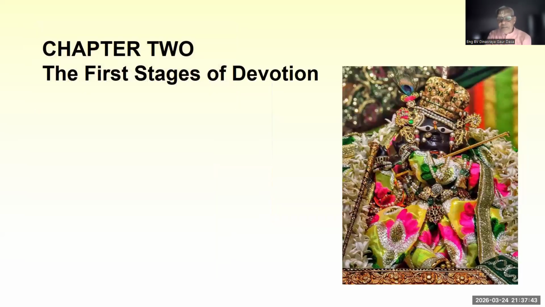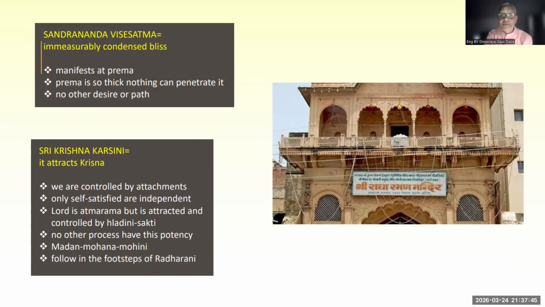We are attached by different kinds of material attraction or material objects. These are the six characteristics of pure devotional service, and when one develops pure devotional service, these symptoms manifest themselves.